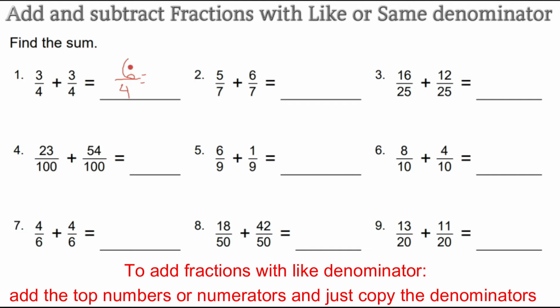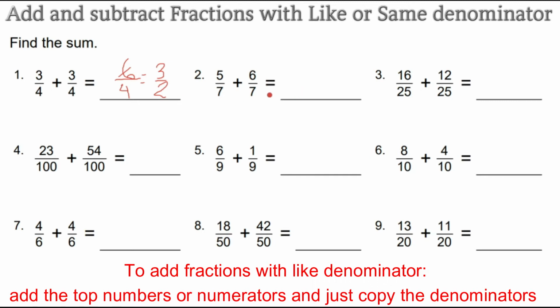So half of 6 is 3, and half of 4 is 2. We can no longer divide 3 into equal parts, but we can do it with 2. So this fraction 3/4 plus 3/4 is equal to 6/4 or 3 over 2.